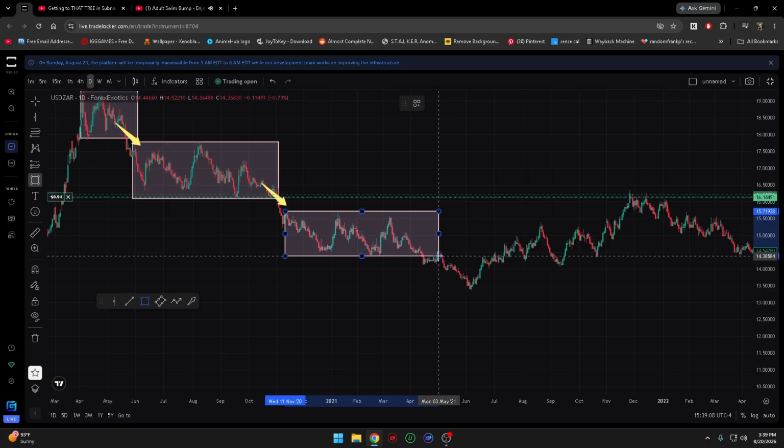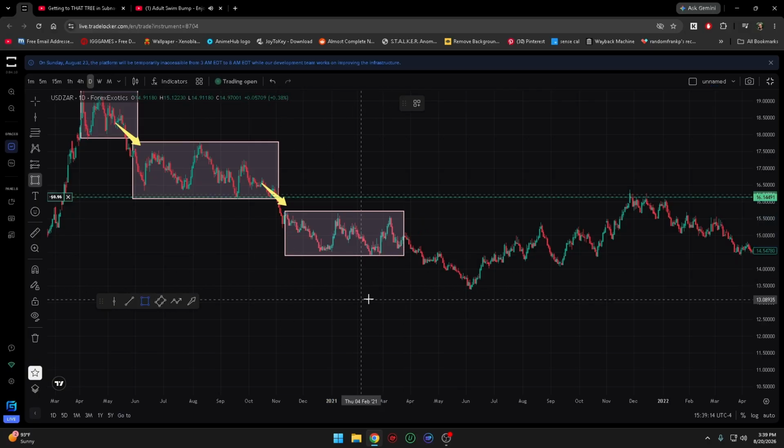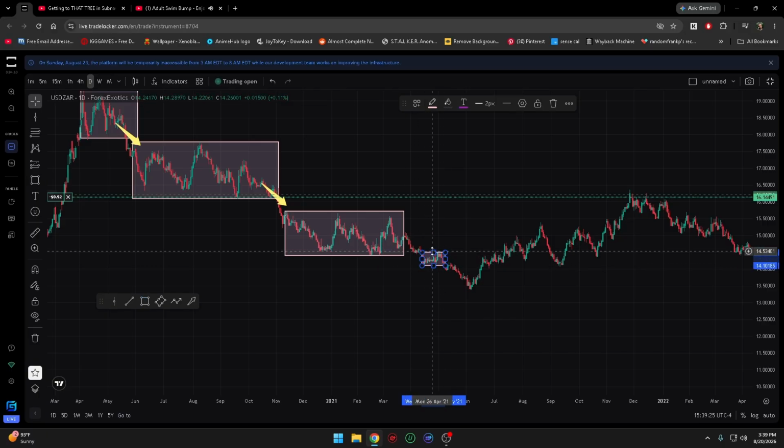I'm purposely showing this to make it visually as clear as possible, because this is what broke the range downward. Then it came back up into this area right here at its highest, and then it continued downward till it came down to here.